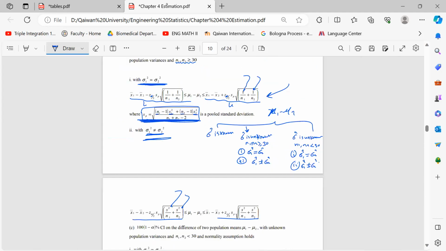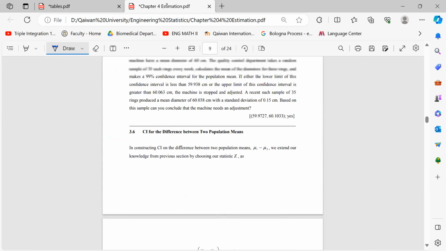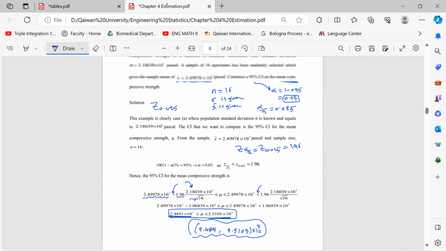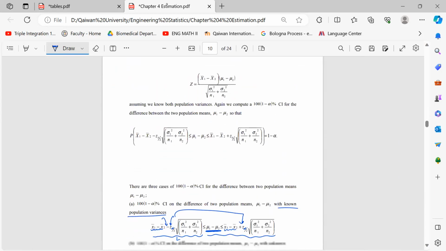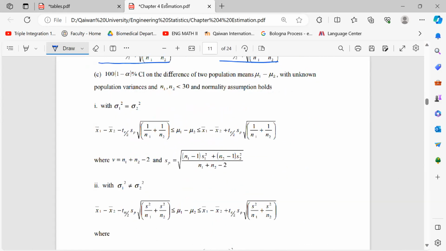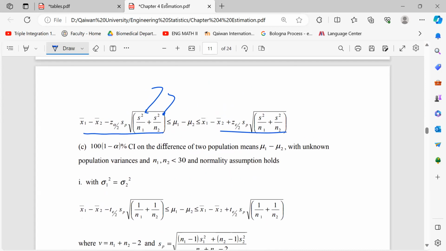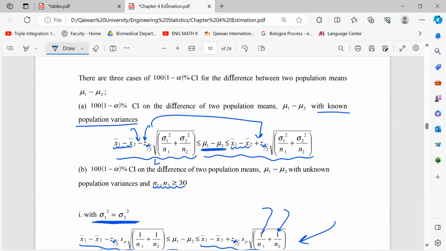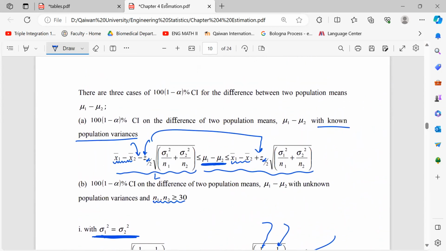We have 5 rules in the confidence interval for the difference of two means. We said if the variance is known, we use this rule.